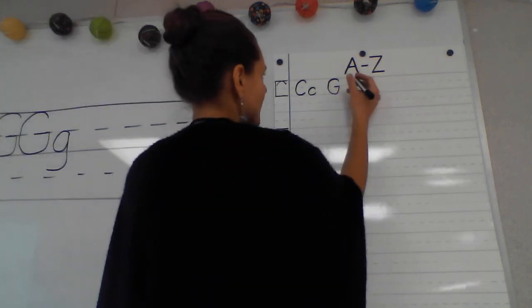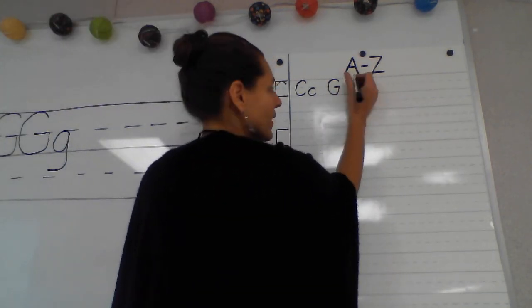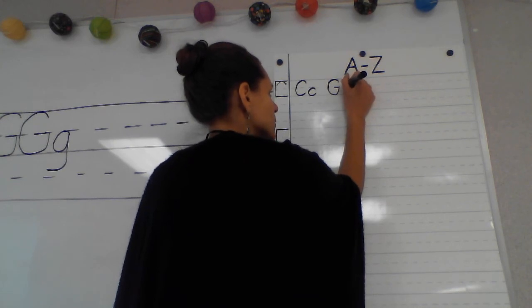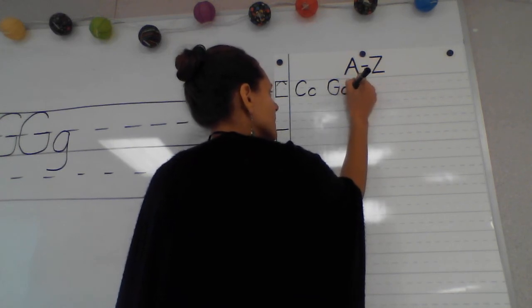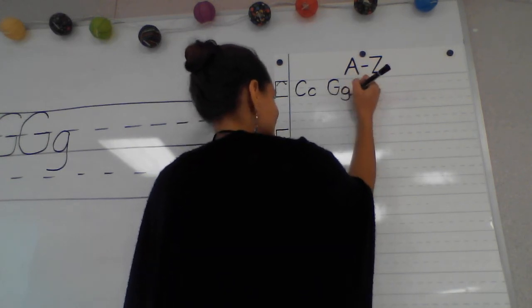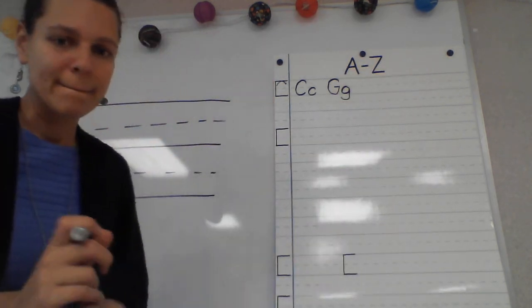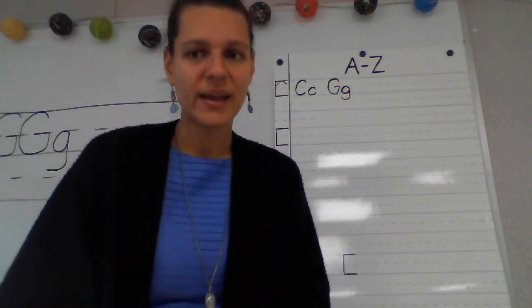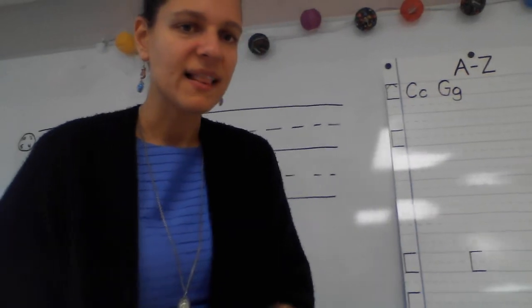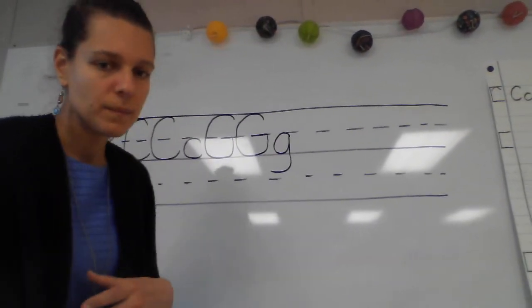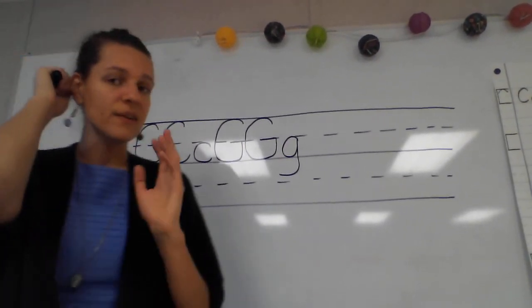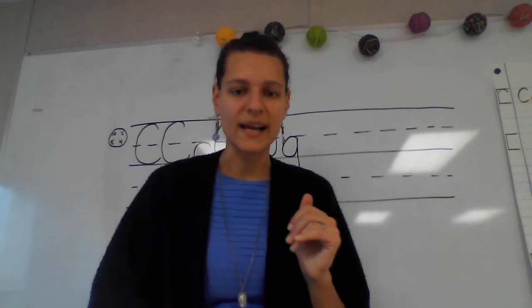And then right next to that, I'm going to write my lowercase g. Just like that. All right, great work with that, class. So I'll teach you the other 2 capitals we're going to learn in the next lesson.